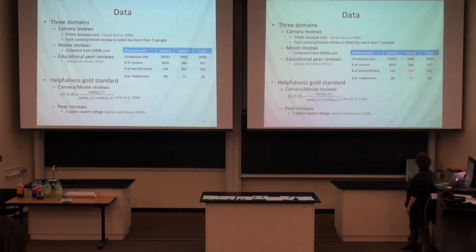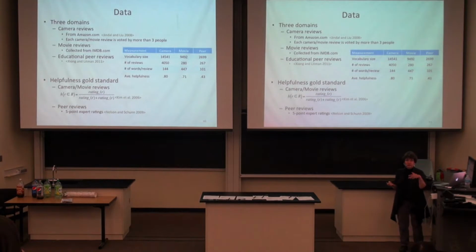You can see the length of the reviews differ: for movies, people write the most, and then the peer reviews are shorter. Helpfulness ratings also vary: the helpfulness of the product reviews is generally considered higher than the helpfulness of the student reviews, which is not surprising because students are still learning how to do this, so it's lower quality.